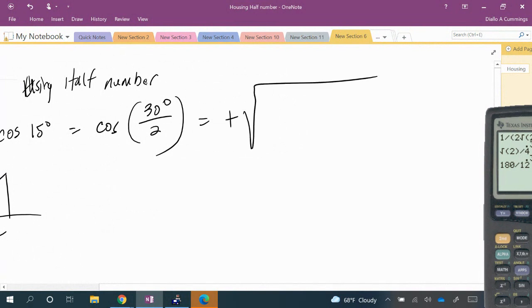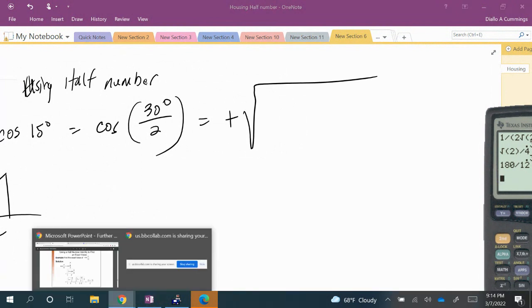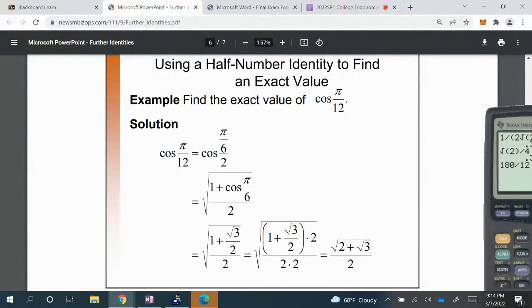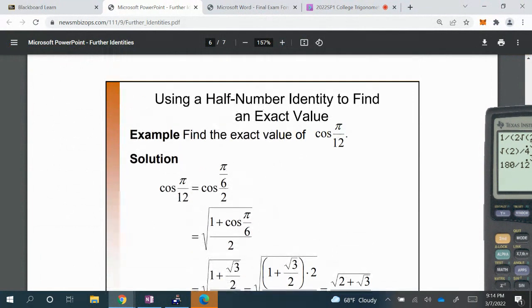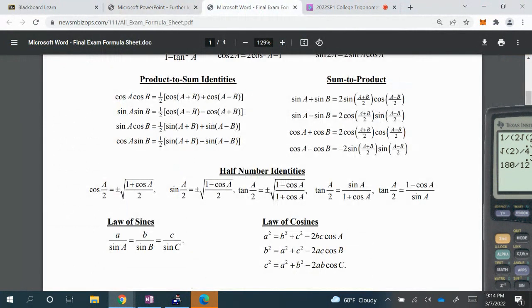Now, if we look at the formula, let me go back to the formula. All right, the cosine of a over 2, that's equal to plus or minus, and we already established that it should be a plus, the square root of 1 plus the cosine of a divided by 2.